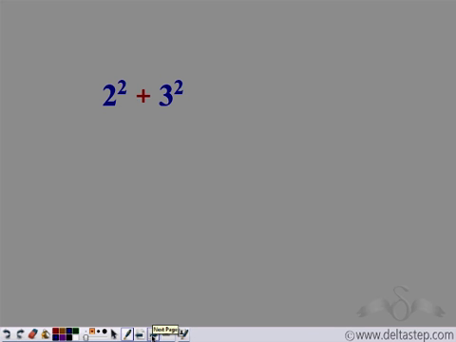Now we have 2 square plus 3 square. Can we write it as 2 plus 3 whole square, which is equal to 5 square? Can we write it like this? Well, no. This is not correct. We cannot take this exponent common.